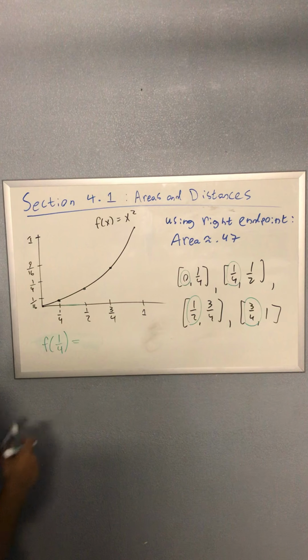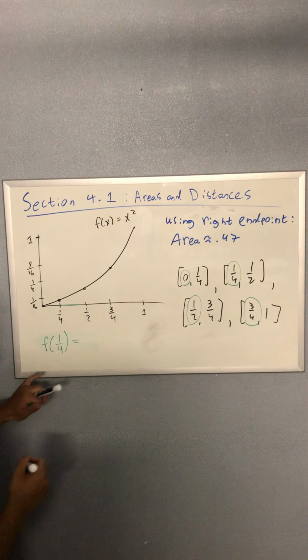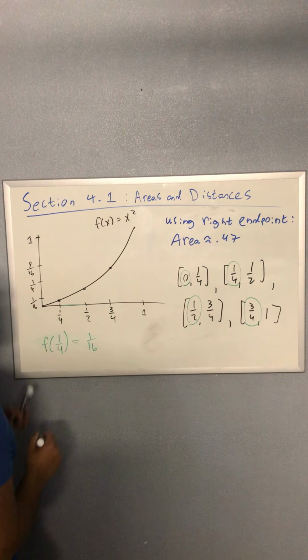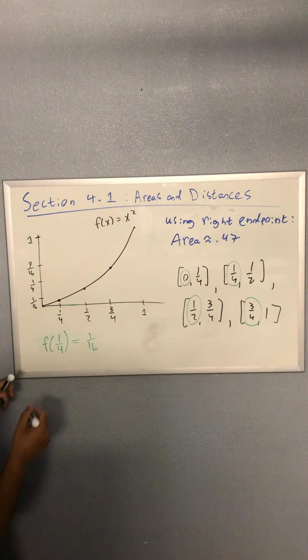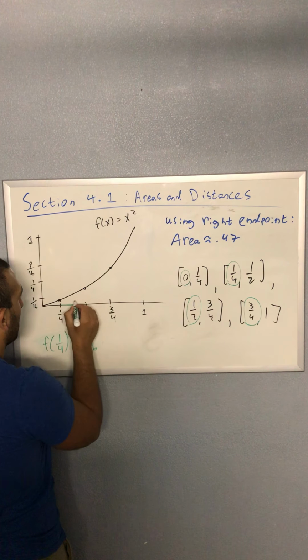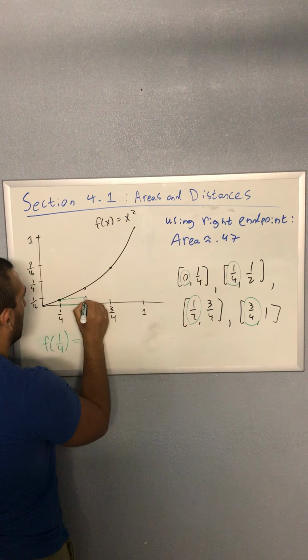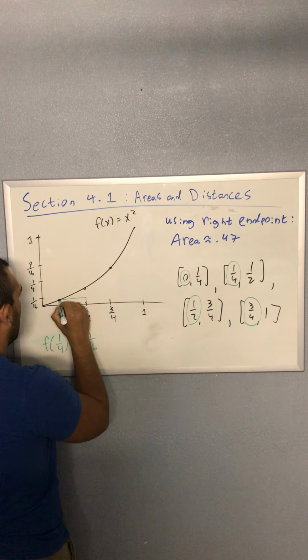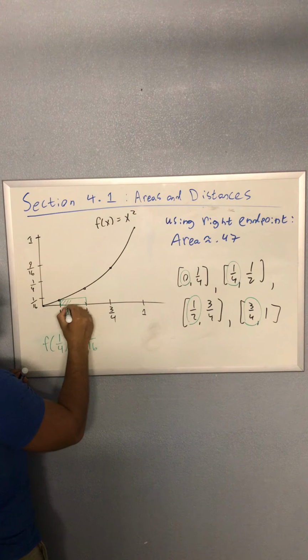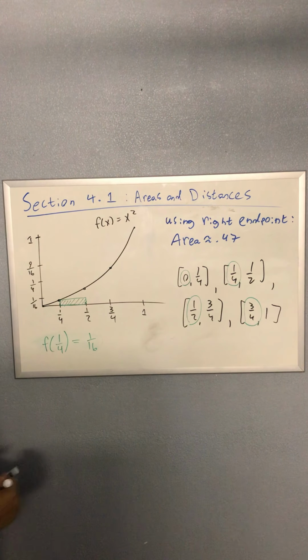But that's going to be a little different now. So at 1/4, if you stick that into this guy, you get 1/16. Okay, so actually the height of our rectangle now is going to be 1/16. So it's going to be like this. So see, width of a fourth, height of 1/16 all the way through. So we get that.